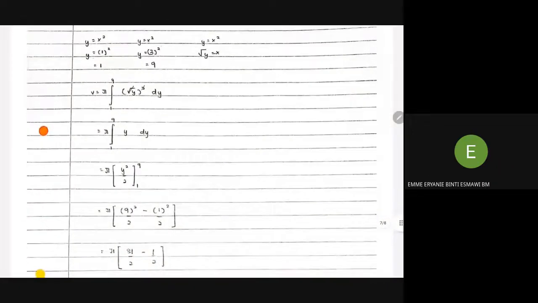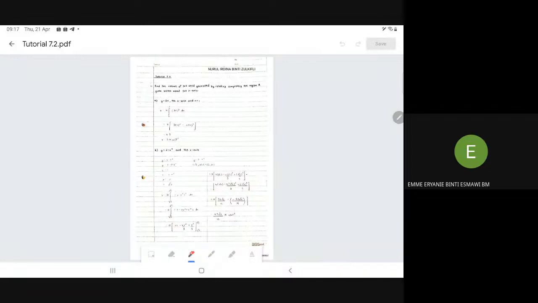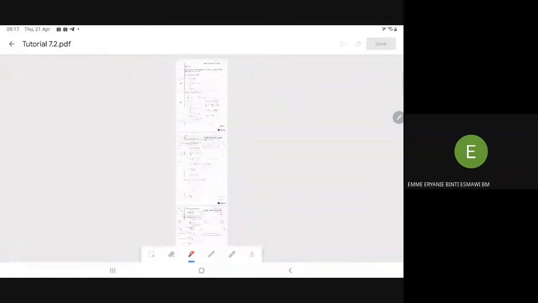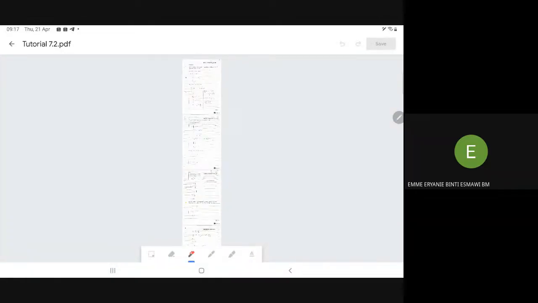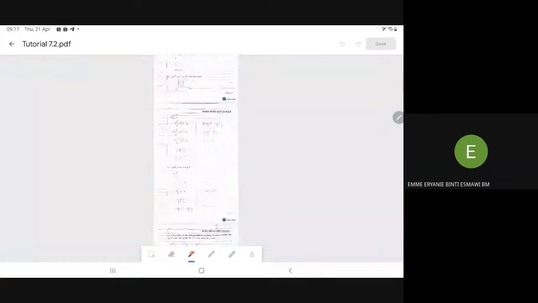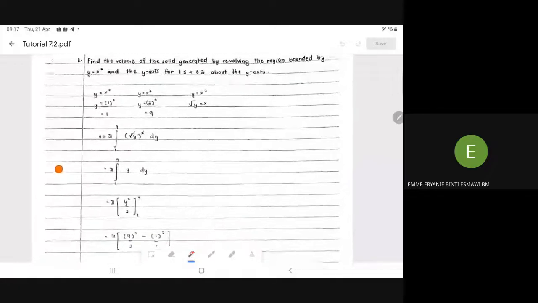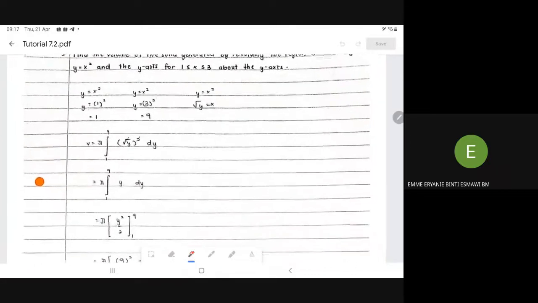Tu, cikgu buat ni. Very good. Okay, sangat kemas dan cantik. Okay, here. Macam ni. Tengok Dina pun, dia cari nilai y tu.